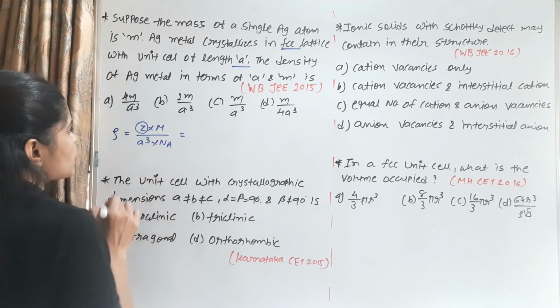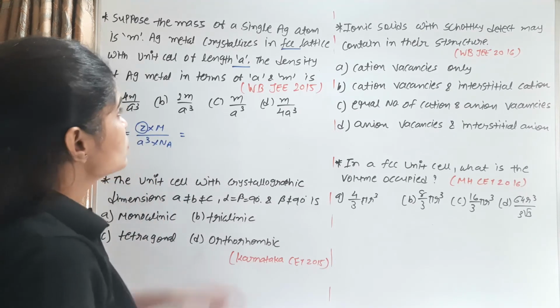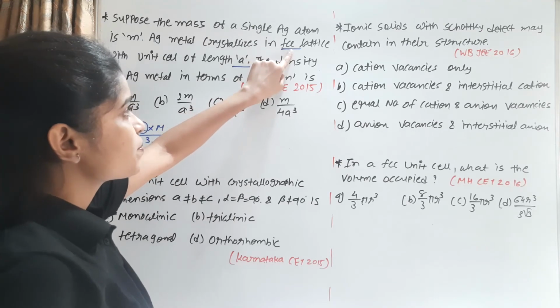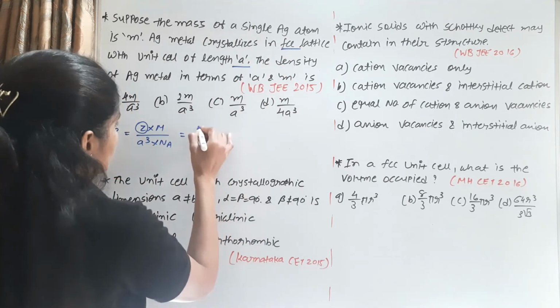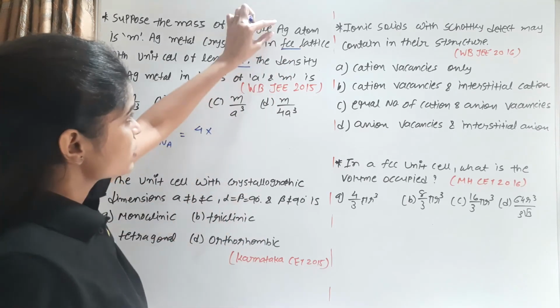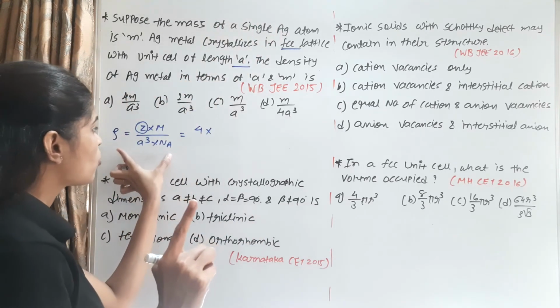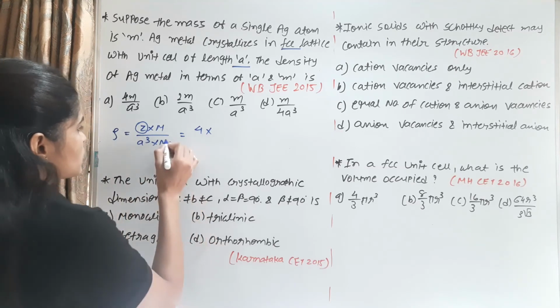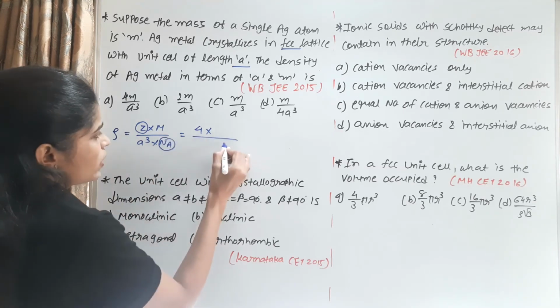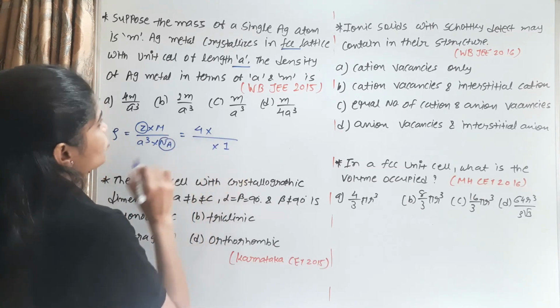Z means the number of atoms per unit cell. For FCC, the number of atoms per unit cell is equal to 4. And for only one Ag atom, its value is 1.